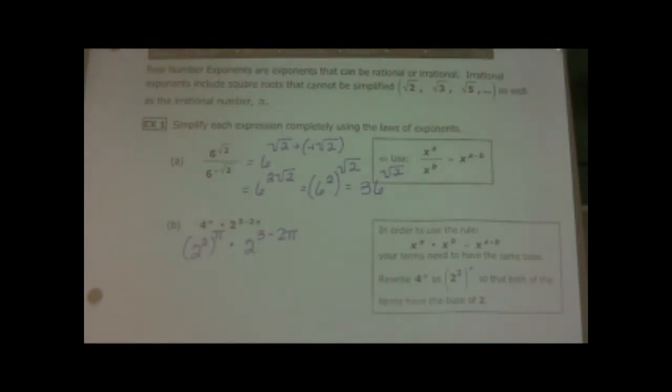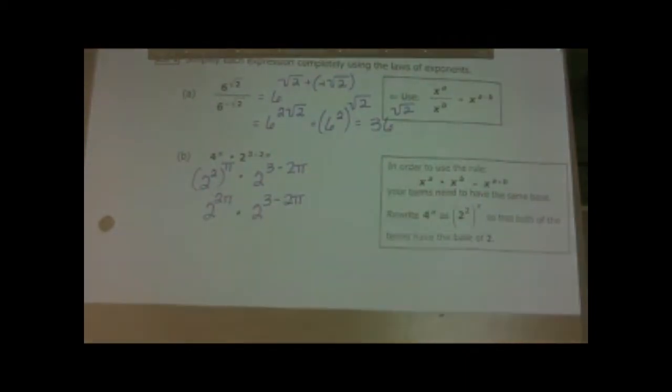Now, my laws of exponents tell me I can multiply these two powers. So 2 times pi is 2 pi. So this is 2 to the 2 pi power times 2 to the 3 minus 2 pi power.